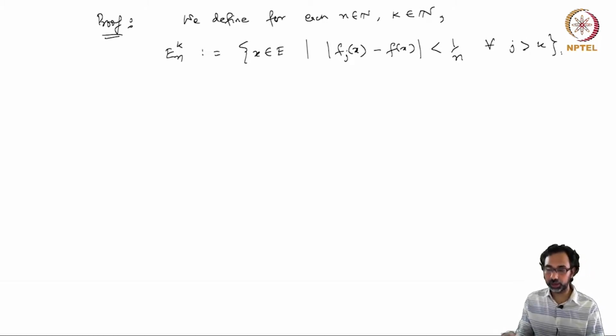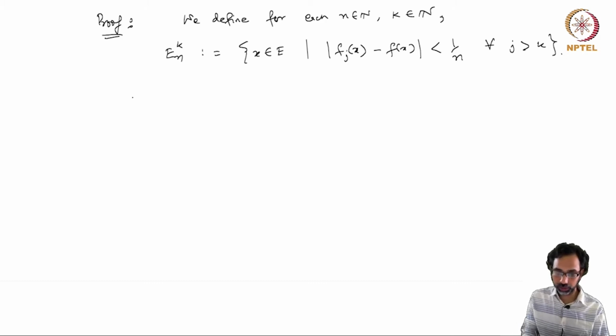So we are looking at those points for which f_j(x) becomes close to f(x) for all j greater than k, up to a tolerance of 1 by n.